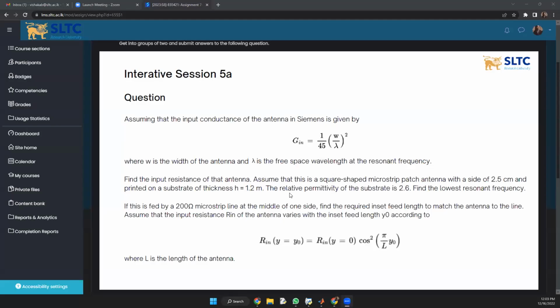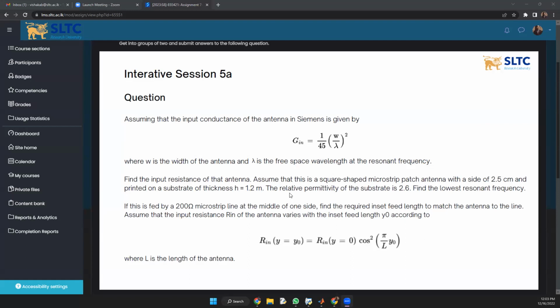Now let's consider the next question that we considered in our lectures. This is with regard to the inset feed technique, and how to find the inset feed length.